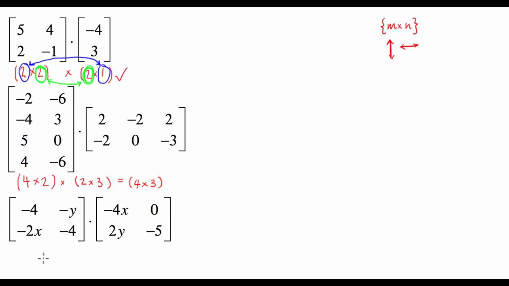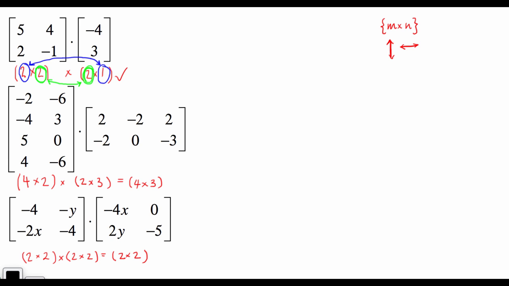Now the last one, we have two square matrices, 2 by 2 being multiplied with a 2 by 2, and as you can imagine, a 2 by 2 matrix is going to result when we multiply these two together.